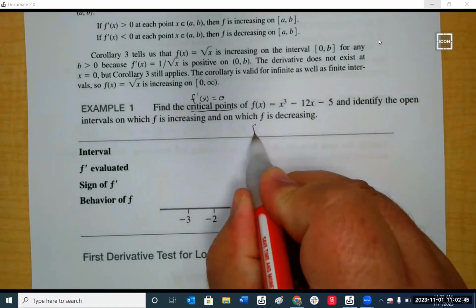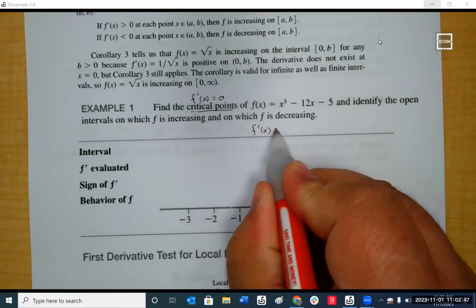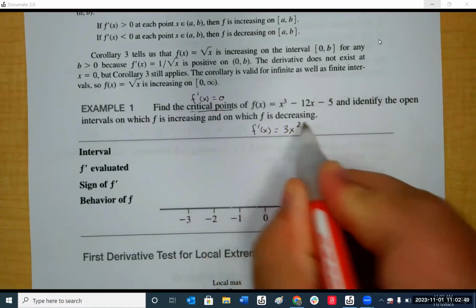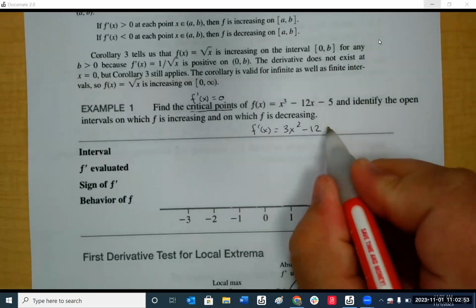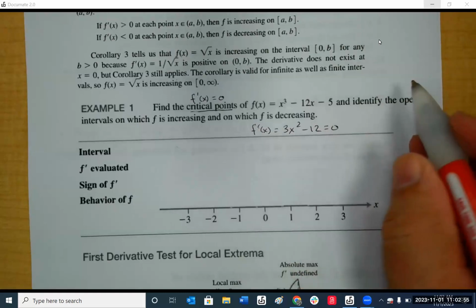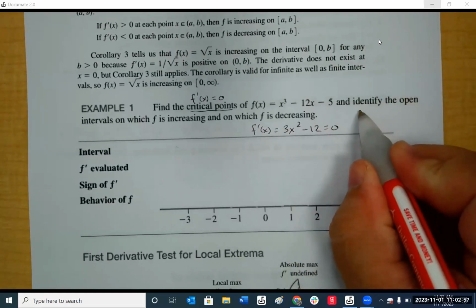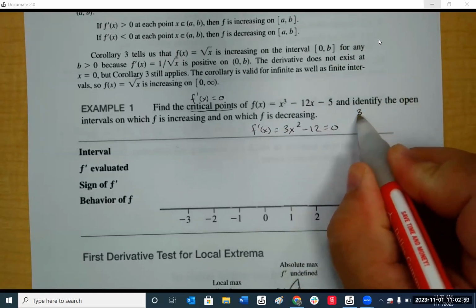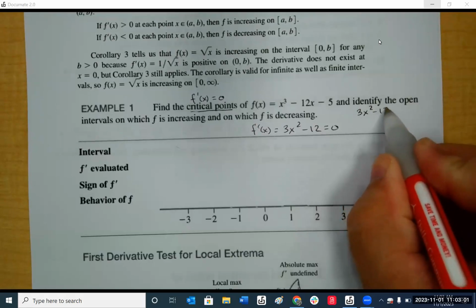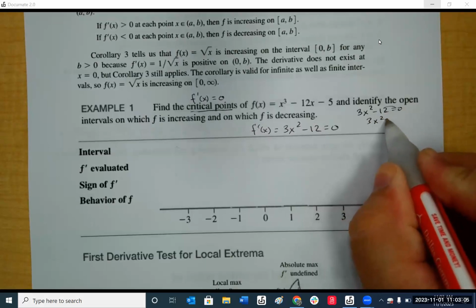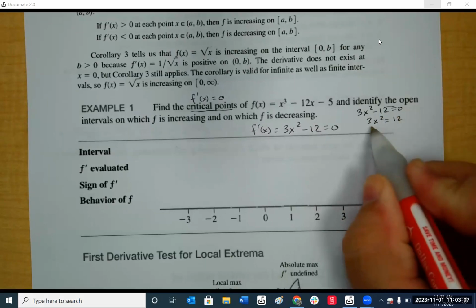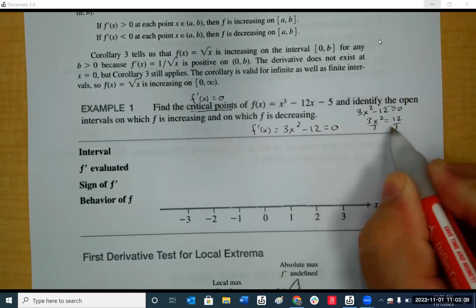So we got to find the first derivative of our function. 3x squared minus 12. Then set that equal to 0. Move the 12 over. Divide by 3.